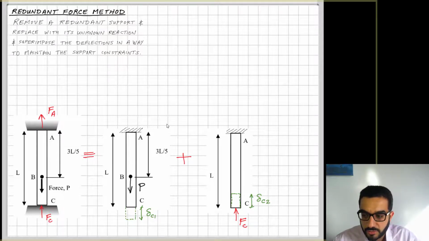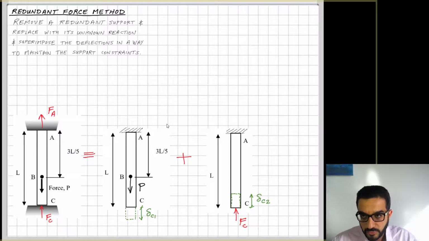So now I'm putting FC back with no other external loading. When I put FC back, I'm trying to compress C under FC with delta C2. I removed the support, so member AC was free to elongate. Now I represent the support by putting back its reaction, FC, and that should counter the deformation in the first case, delta C1, by a deformation delta C2.